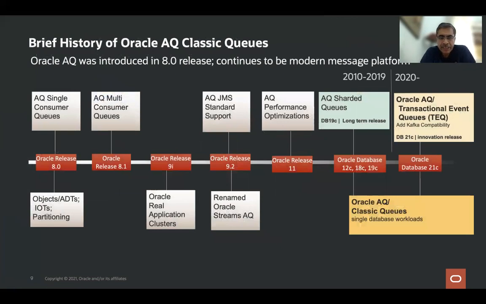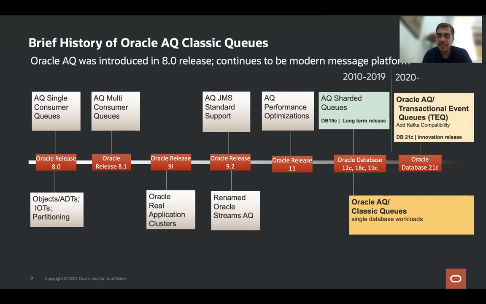Here's a brief history. Again, we talked about AQ being around since Oracle 8.0, but over the last couple of years, we've done a lot of work in the sharded queue area. We have made them more robust, more performant, and renamed them to transactional event queues with Kafka compatibility. I have another talk where you could look at Oracle TEQ and Kafka compatibility for creating an event mesh, right?